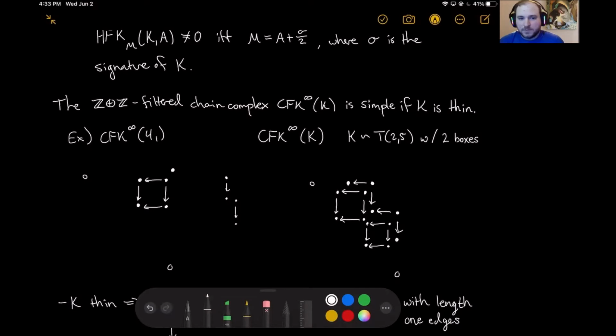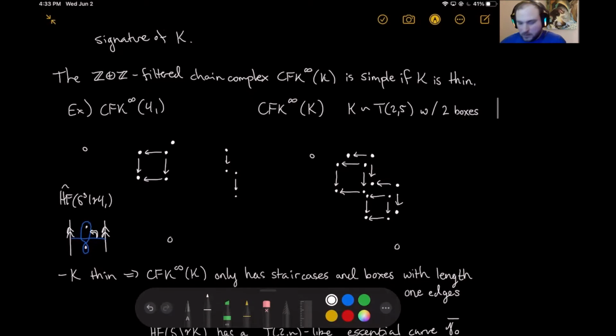So here's two examples for the figure 8, which we did look at in part 1. If you remember, the curve invariant HF hat of the figure 8 complement had a pretty simple form, where it had, true to its name, a figure 8, and then a fully horizontal essential curve, and then some grading arrow coming up to meet it.